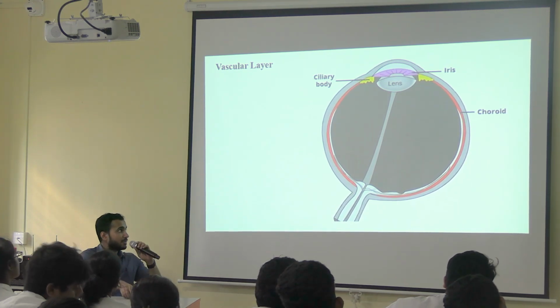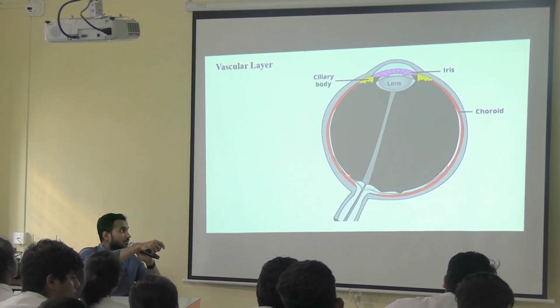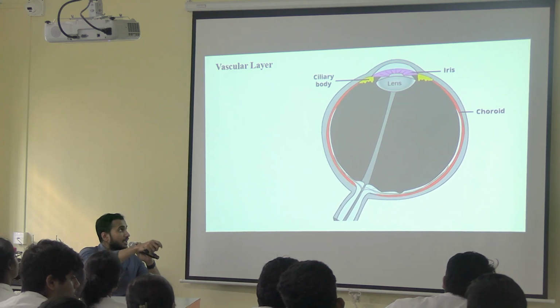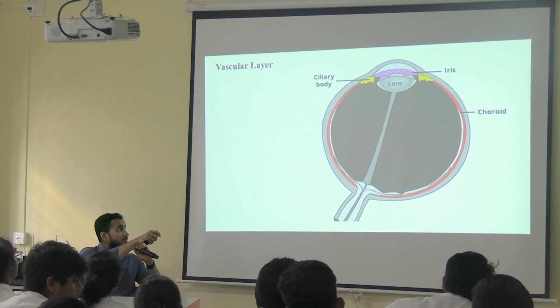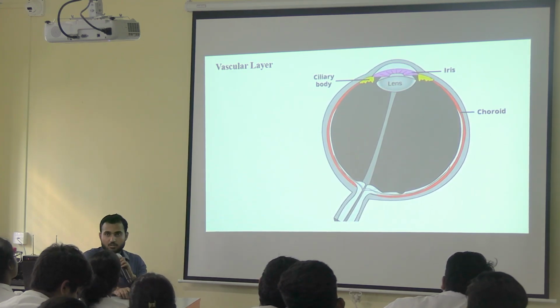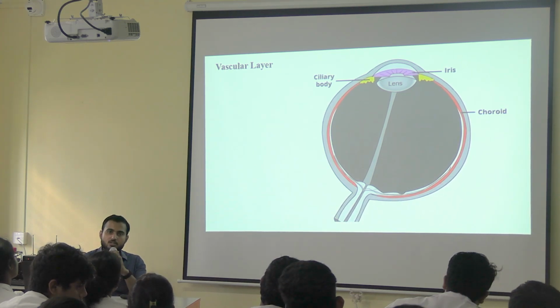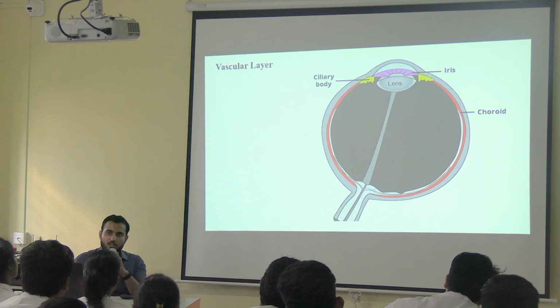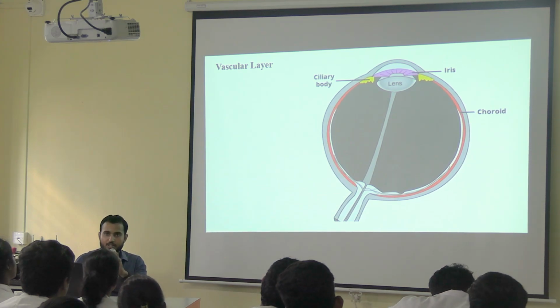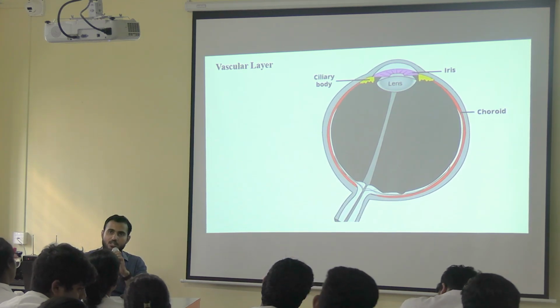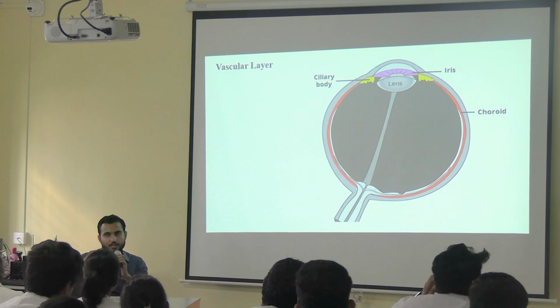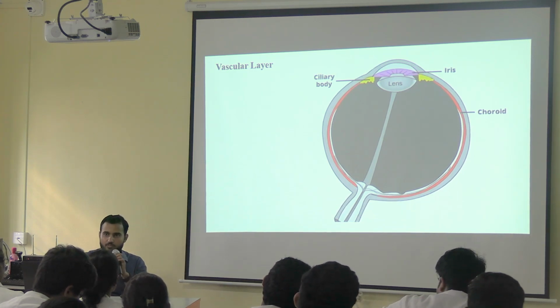First we will discuss the choroid. This whole part is the choroid, and then this is the ciliary body and this is the iris. Here also the concept is the same: only layers. In the choroid there are multiple layers, the ciliary body also has layers, the iris also has layers, nothing else.